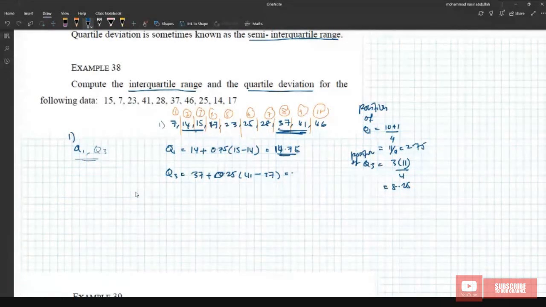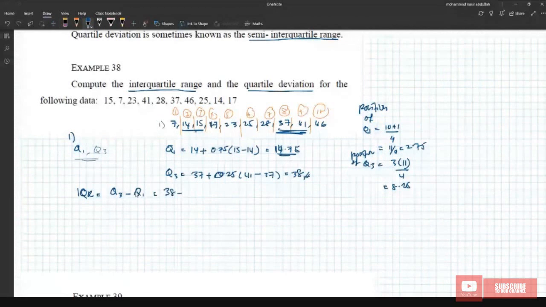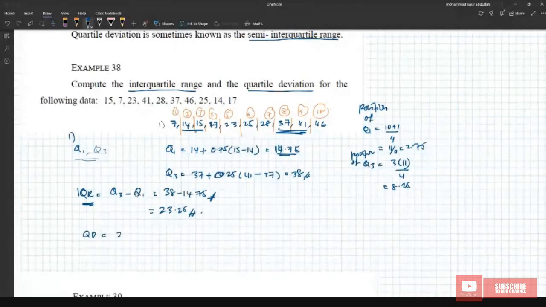So IQR, interquartile range, quartile number 3 minus quartile number 1, is equal to 38 minus 14.75, which is 23.25. So the interquartile range is 23.25 and quartile deviation is 23.25 divided by 2, which is 11.625.